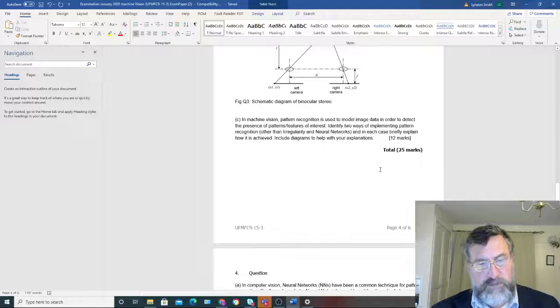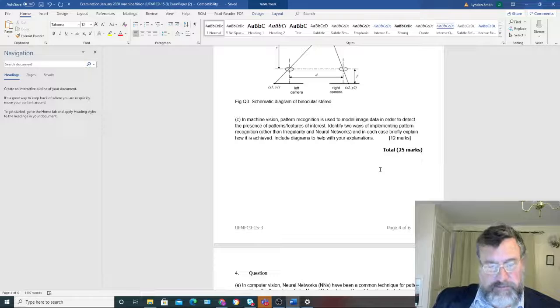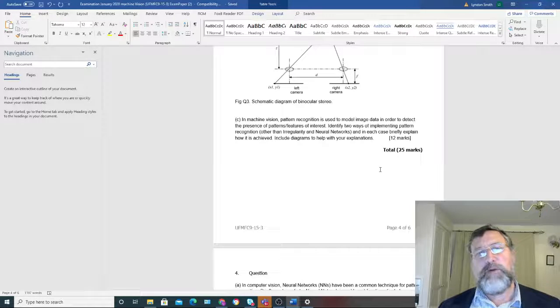The first one I've got is template matching. You did this, I believe, in the machine vision tutorial, where we had clips for holding pipes in place.